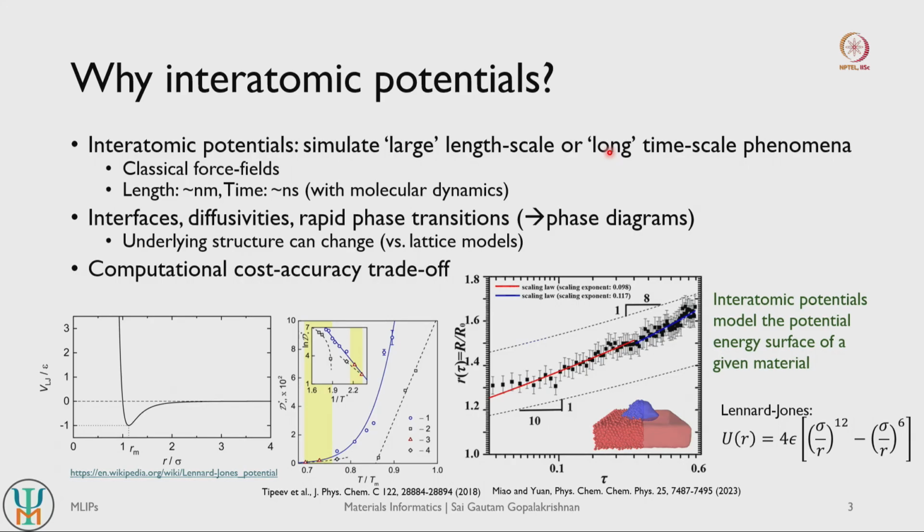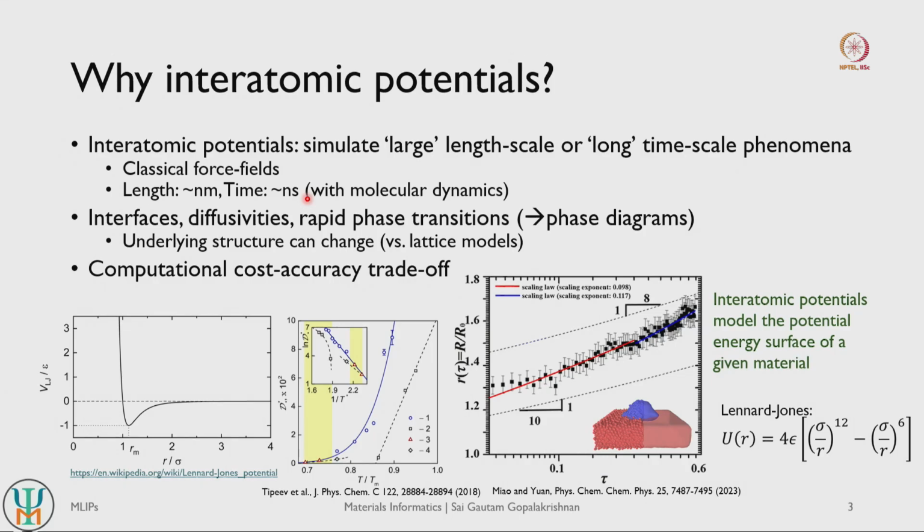But when it comes to phase transitions or motion of dislocations, for example plastic deformation, or some kind of magnetic transitions that happen within materials, they generally happen at time scales of nanoseconds or larger, so nanoseconds to microseconds to milliseconds.